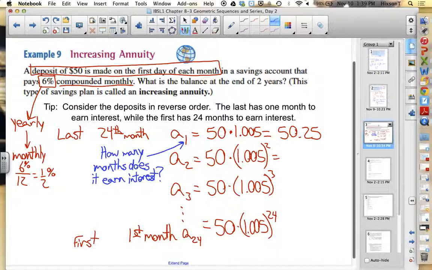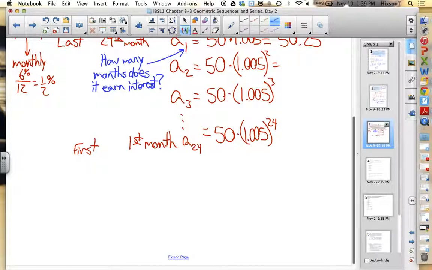But aren't you adding $50 a month as well? We are. And this is where the sum of the finite geometric sequence comes into play. Here's our a sub n.